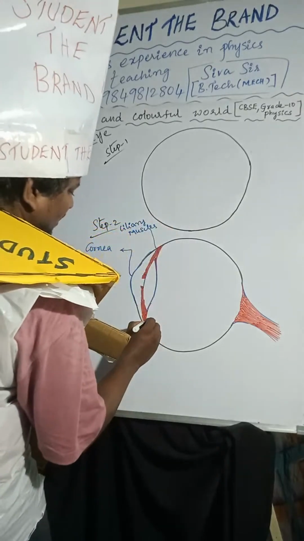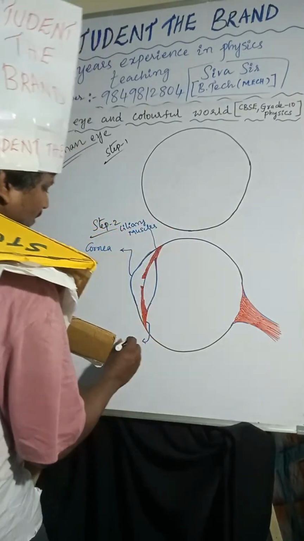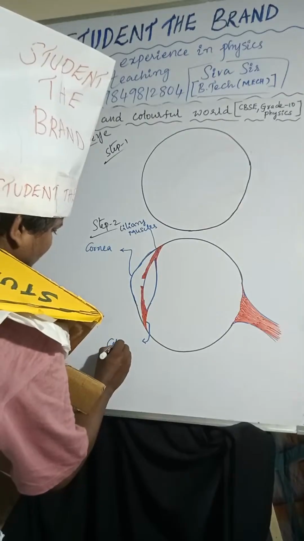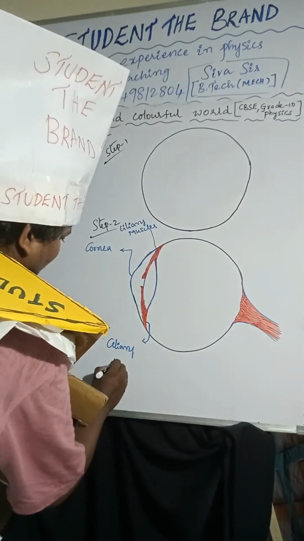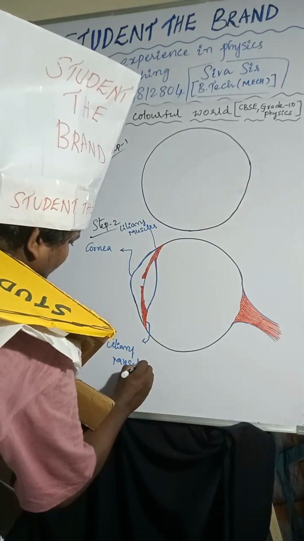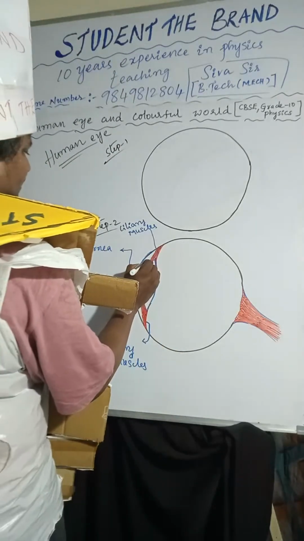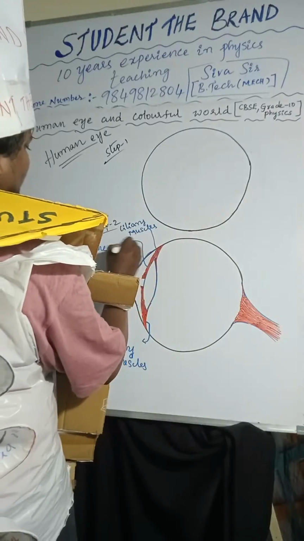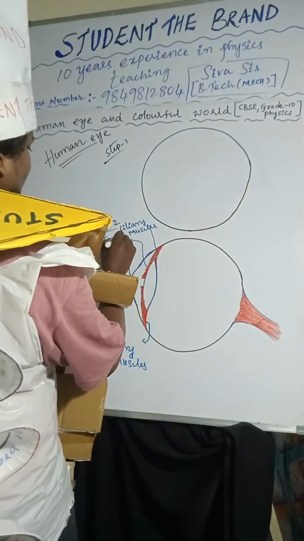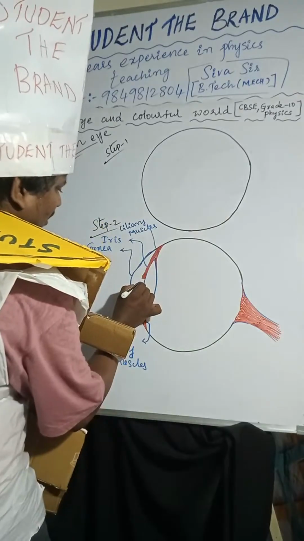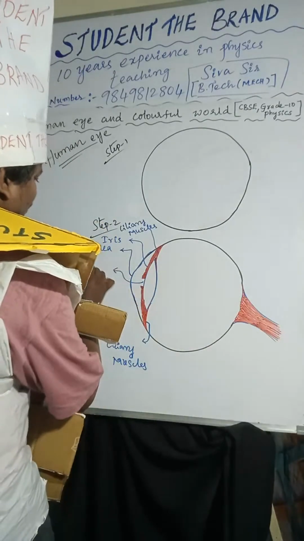And here also ciliary muscles. Okay, and here iris. This portion is called iris. And this portion is called pupil.